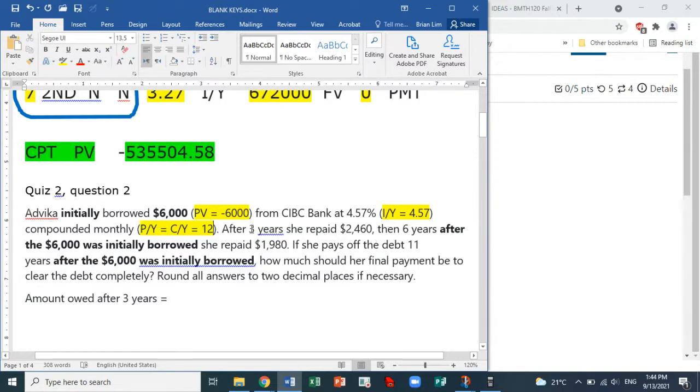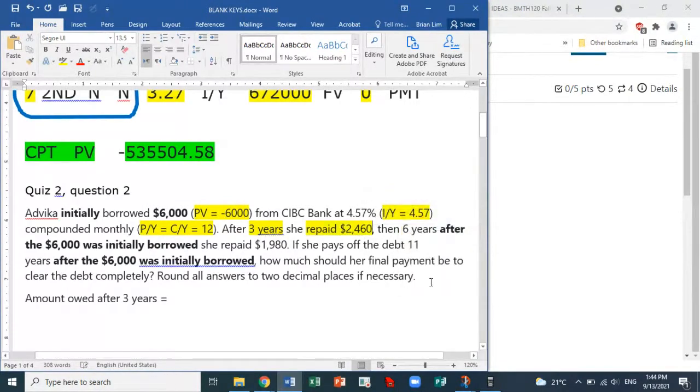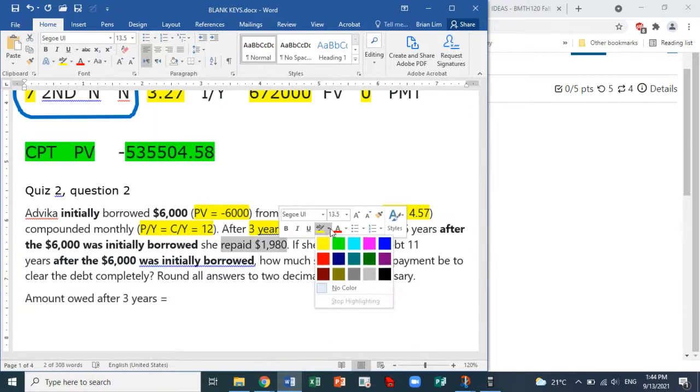After 3 years, an amount of money is repaid. She repaid $2,460, so that is also important. After 6 years, 6 years after it was initially borrowed, an amount of $1,980 was repaid.